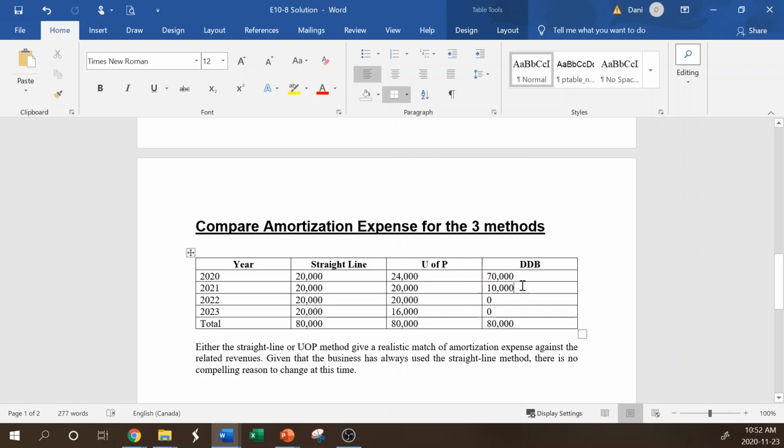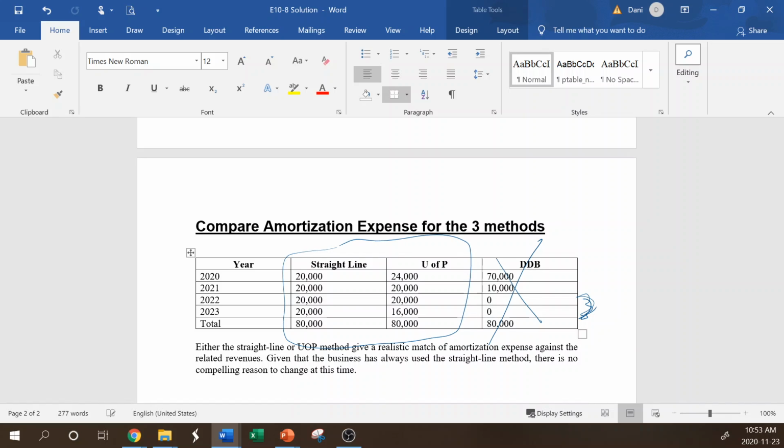Whereas double declining, we had 70,000 in the first year, 10 in the second, and then it was fully amortized to that residual value, so we stopped. So in this case, we know that we still had that truck because we were still driving it in year 4. So the double declining balance for this item would not be a good method because we were able to drive it for 2 years without having any amortization to book.